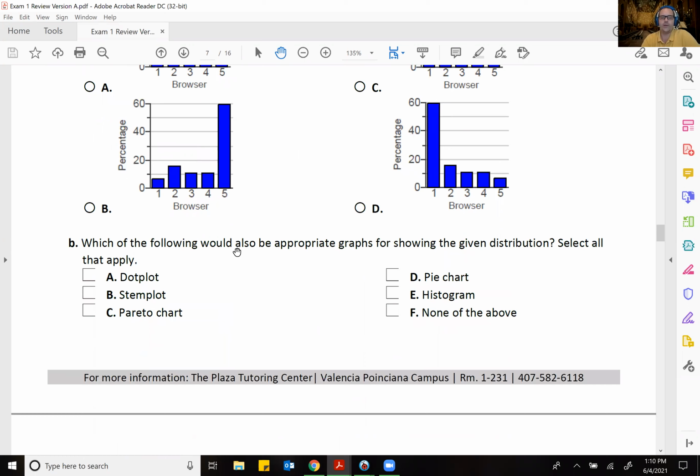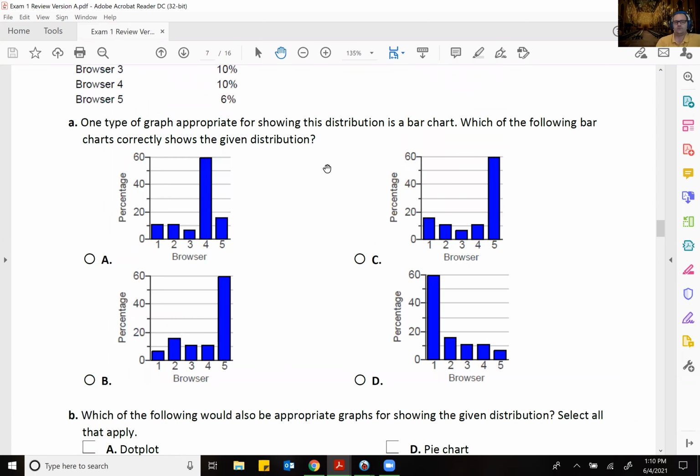Which of the following would also be appropriate graphs for showing the given distribution? A dot plot, a pie chart, a stem plot, a histogram, a Pareto chart, none of the above. So this question is going back to what kind of data do we have here?